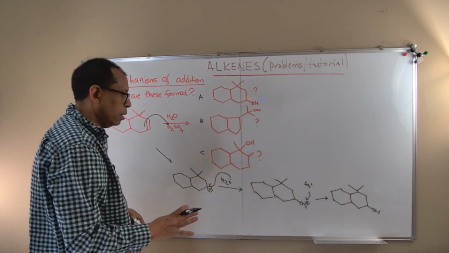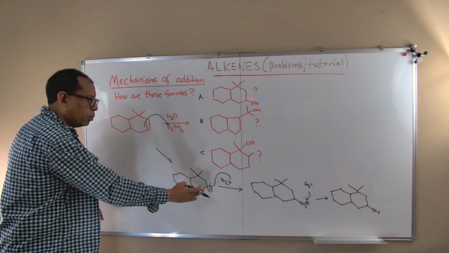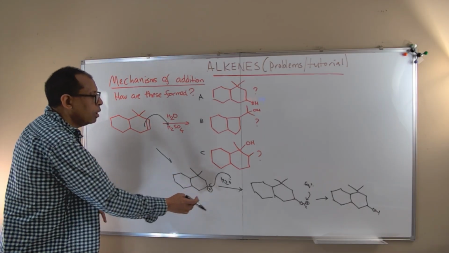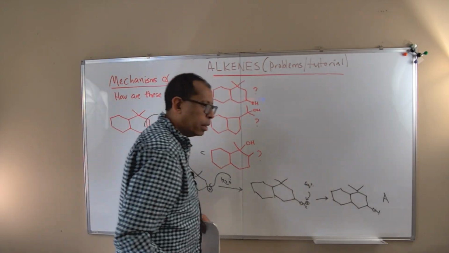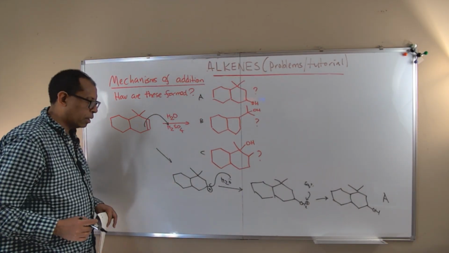Okay, that's easy. It's straightforward. The carbocation was formed, water comes in, attacks, and gives us compound A. Compound A is directly formed from that.